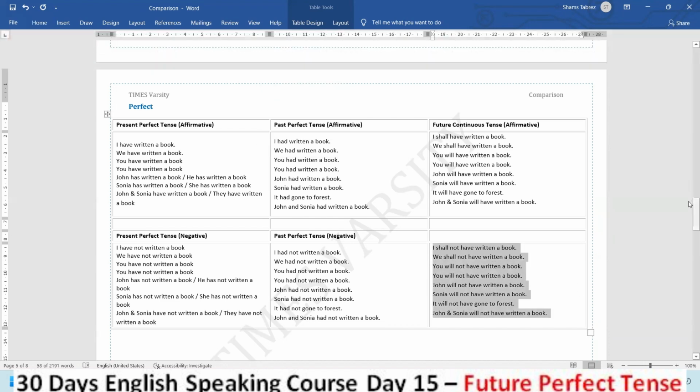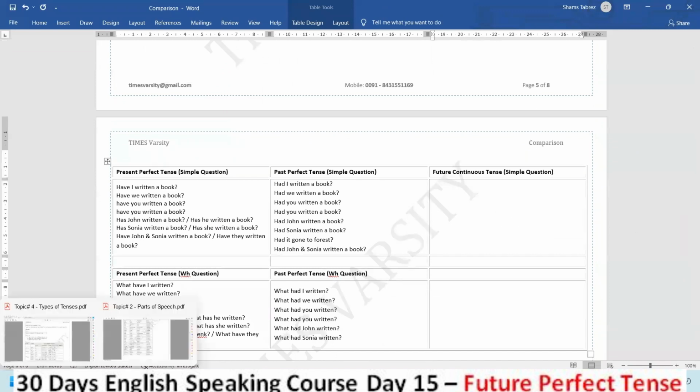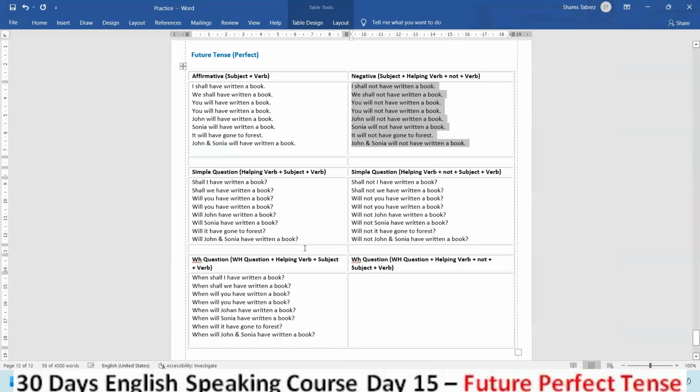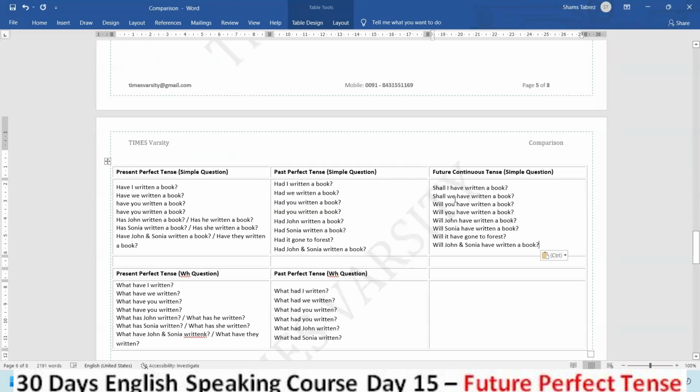And simple question, again, here also it starts with the related helping verb.